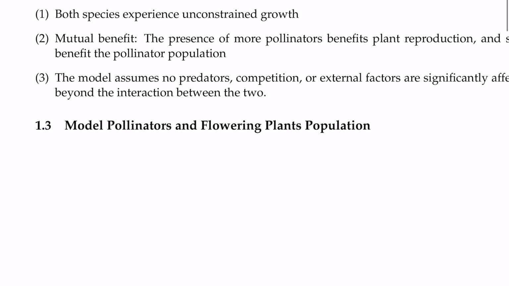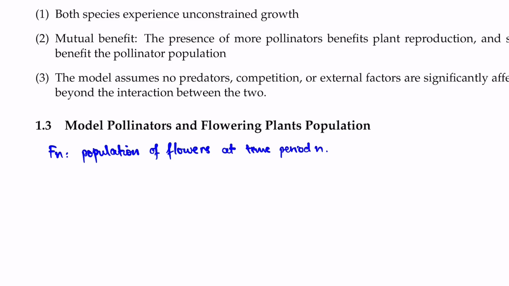So in this case, you have F sub n is the population of flowers at time period n, and capital B sub n is the bee population at time period n as well. So similar to the case of the prey and predator model and competitive models, without the presence of the other population, the population under consideration can grow exponentially, right?